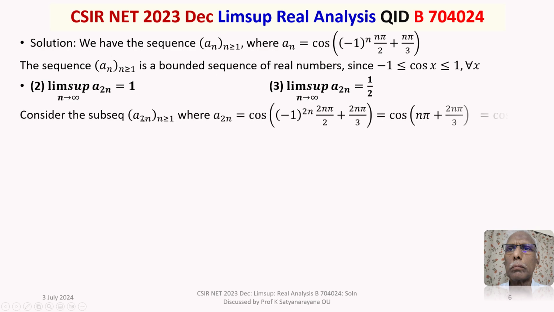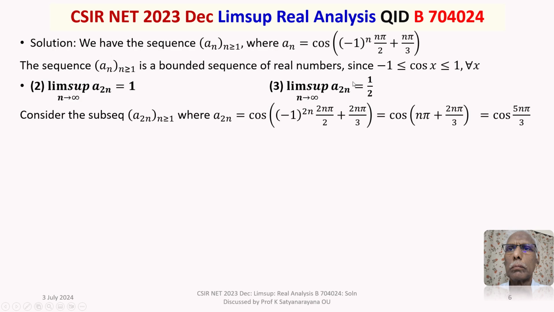Consider the subsequence a_2n, n equal to 1 to infinity, that is a_2, a_4, a_6, and so forth, where a_2n is cos of (minus 1) to the power of n. In the place of n, you have to substitute 2n, into 2n pi by 2 plus 2n pi by 3.